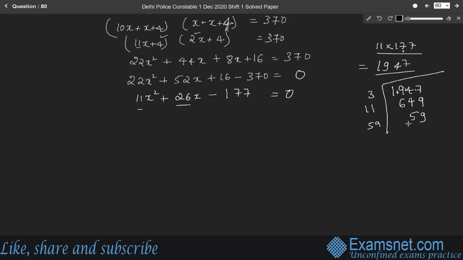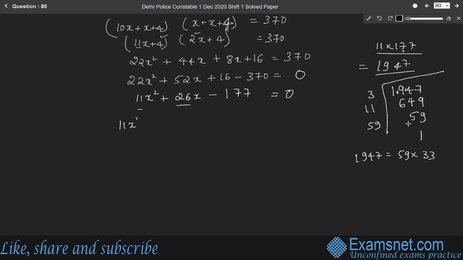So 59 into 1 is 59. So 1947 can be written as the product of 59 and 11 into 3, which is 33. So 59 into 33 is 1947, and we use this for splitting the middle term.